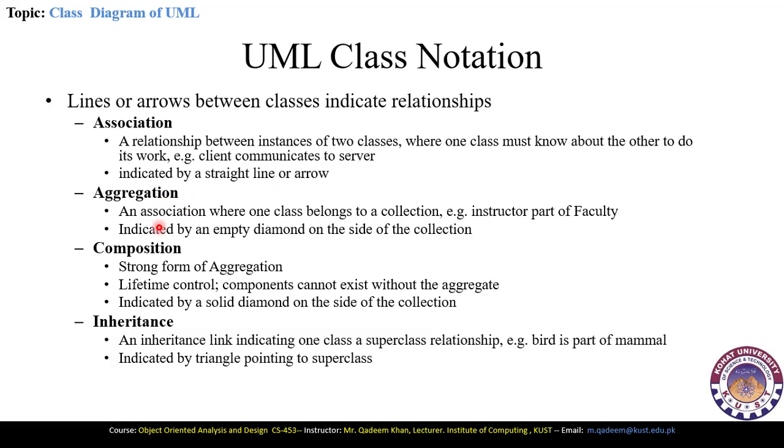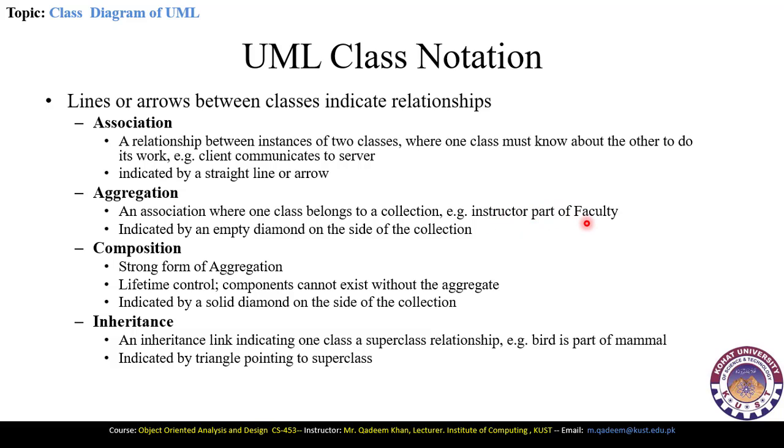Another relationship is called aggregation. It is a special sort of association where one class belongs to a collection. For example, an instructor is part of the faculty. The instructor is a part of the collection of the faculty, because the collection contains multiple instructors, so the instructor belongs to the faculty.